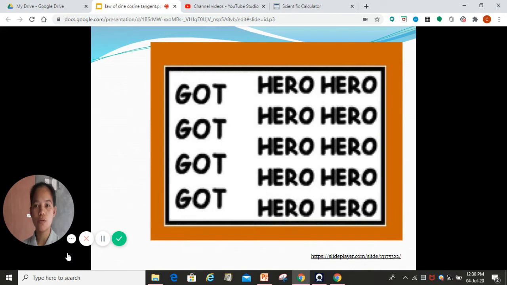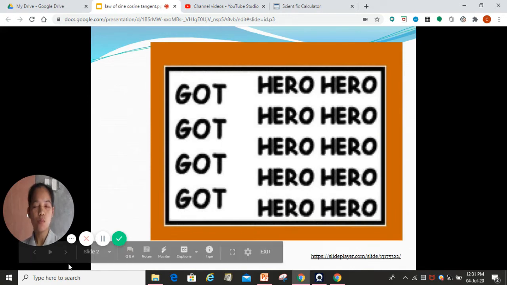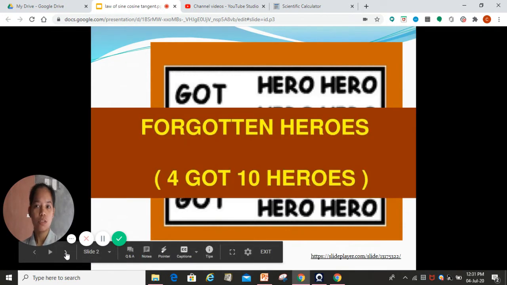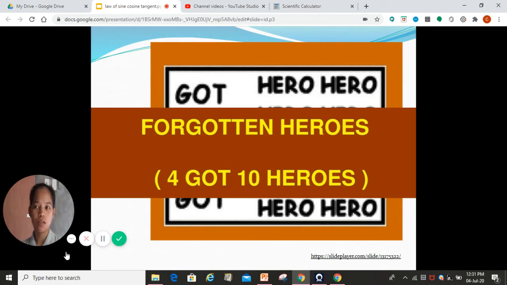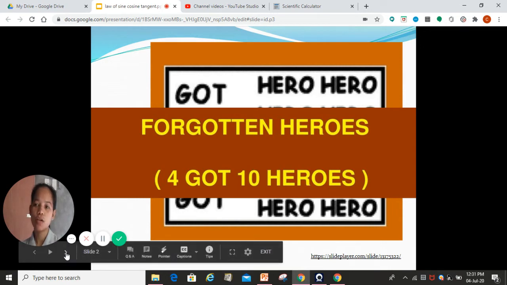Now you examine that the word God, same with hero, are repeated. God is repeated 4 times and hero is repeated 10 times. So using your analytical skills in this manner, we can say that this picture tells us about forgotten heroes. So forgotten heroes, in short, forgotten heroes.